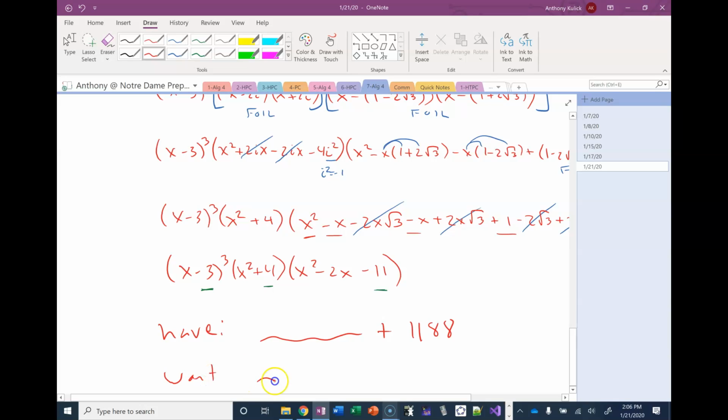What we want is something that looks like this. Some stuff. My last term is something with an x on it, and then plus 0. Right? Everybody's okay there?